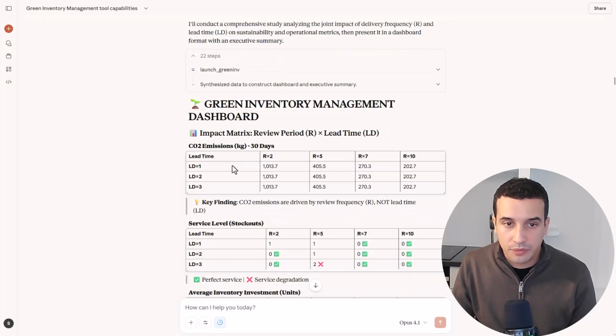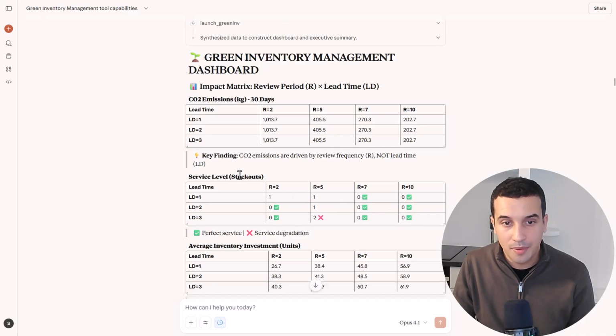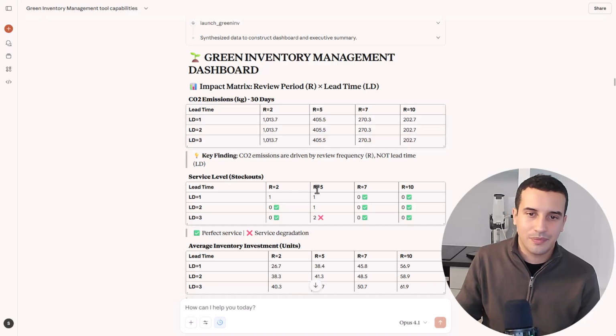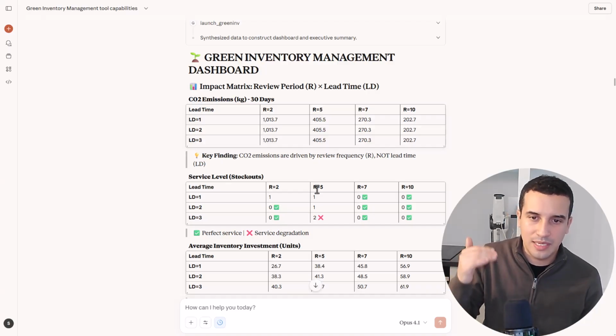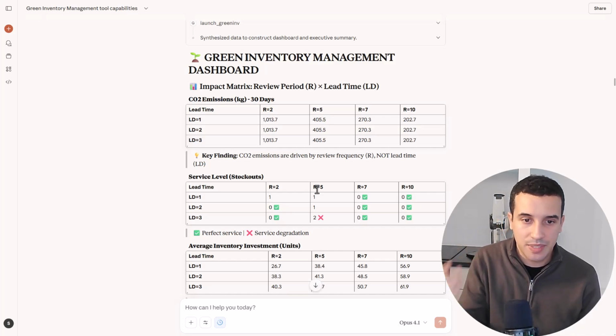First, in terms of emissions, the CO2 emissions are mainly driven by the review period. The lead time is not impacting that much. The stockout, so the service level, is impacted by the lead time, because when you have a review period that is too small for the lead time, that means that you are probably facing a higher risk of stockouts.